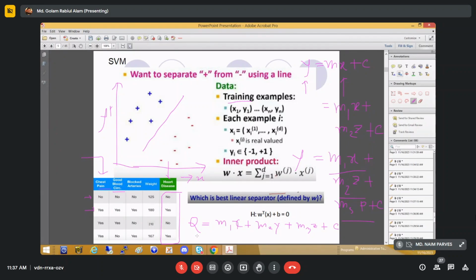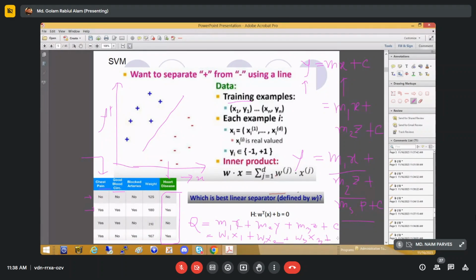Okay, so this equation we can write also a little bit different way. So here instead of m1 we can write w1 times the first dimension, x1, and then plus w2 times the second dimension, that is x2, plus w3 times the third dimension, like x3, plus c.